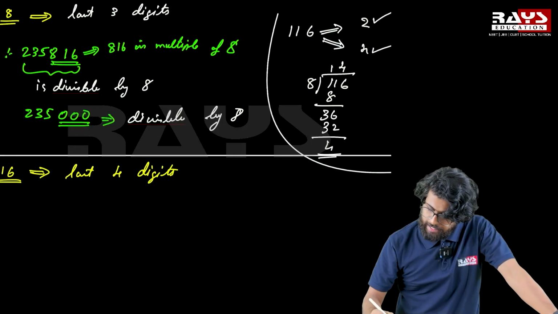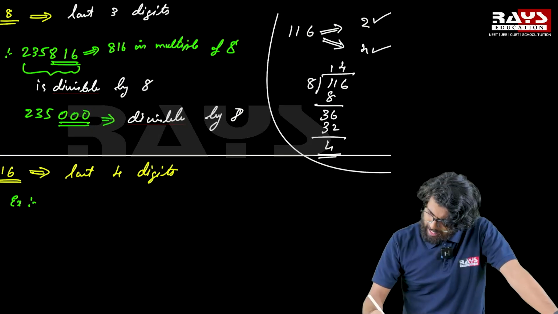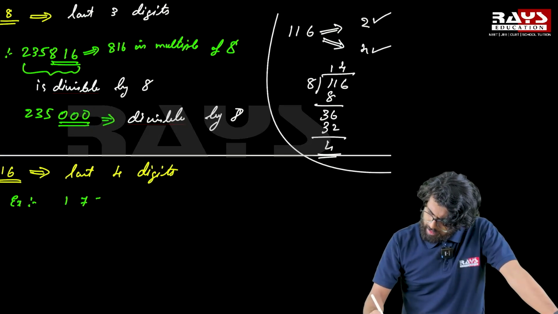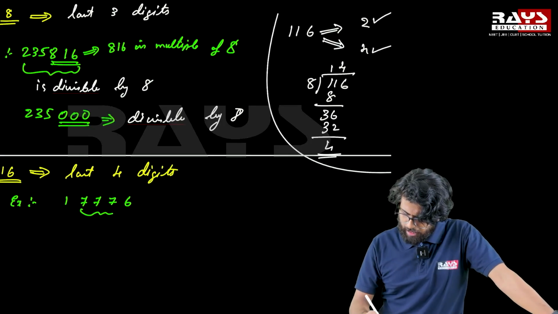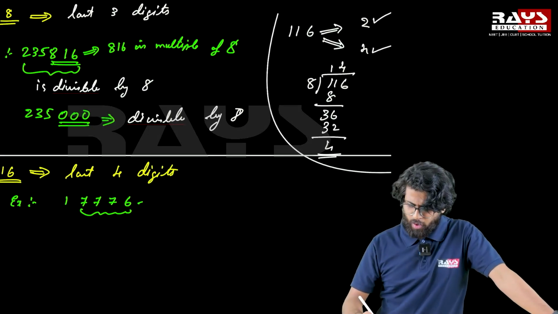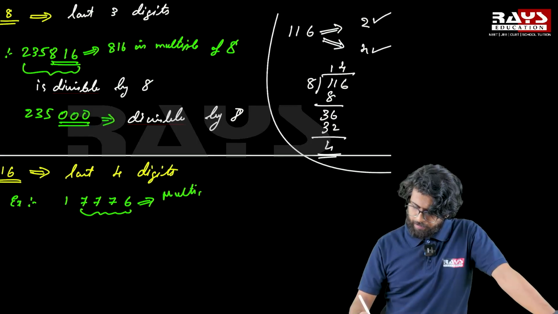Okay, so let's take an example here. Let's say 17776. Take 1776. Obviously this is definitely a multiple of 16, guys. You can just divide it and see. There won't be any remainder. It's a multiple of 16.